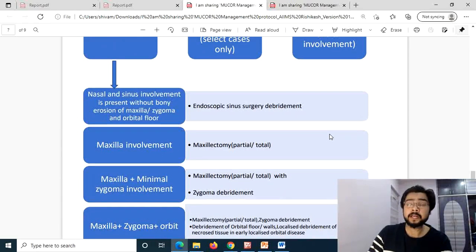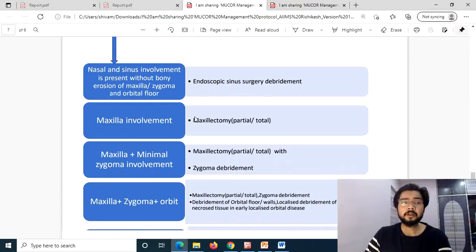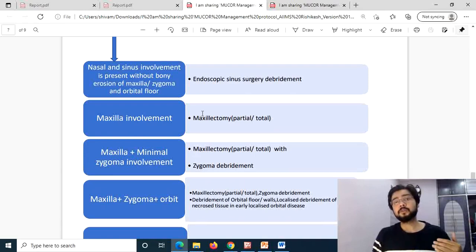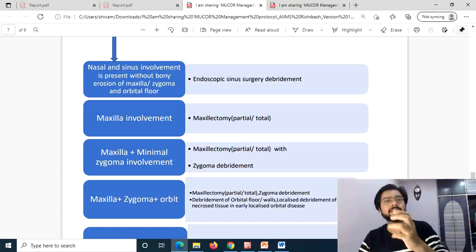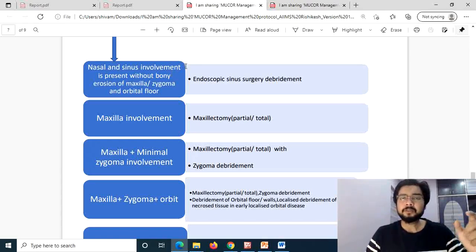Now, regarding the endoscopic part, when you are going to do surgery where you involve bones and all, that is determined by the parts involved by this mucormycosis. So if only the nasal sinus is involved without any bony erosion of the maxilla and zygoma and orbit, that means there is only a collection in the sinuses, right? Some nasal turbinates and all are involved. So what will we do? We will drain the secretions, remove the mucosa, remove the turbinates, but we are not going to do too much surgery.